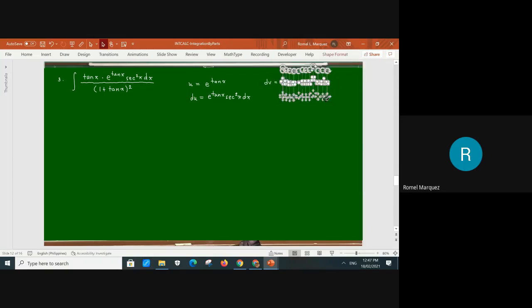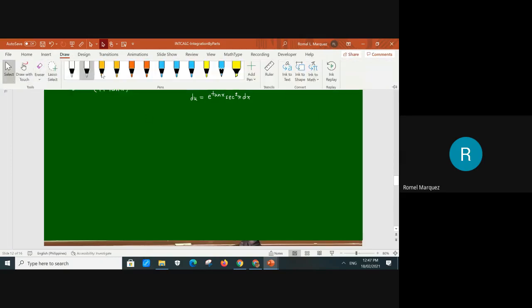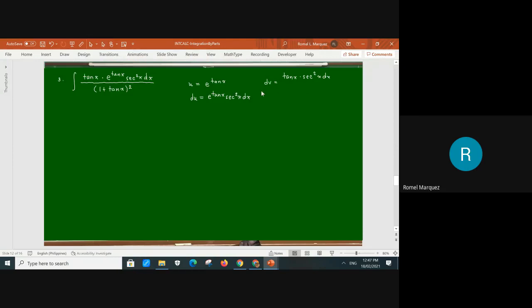Here, over 1 plus tangent x quantity squared. So this is not nice to evaluate, so we change our strategy.